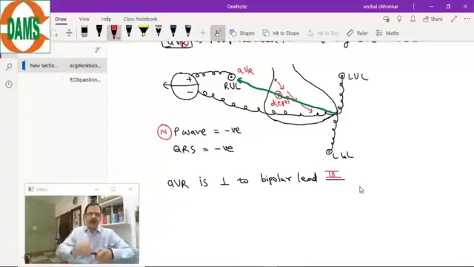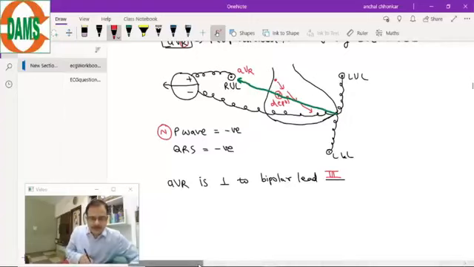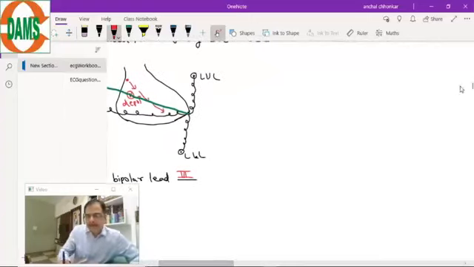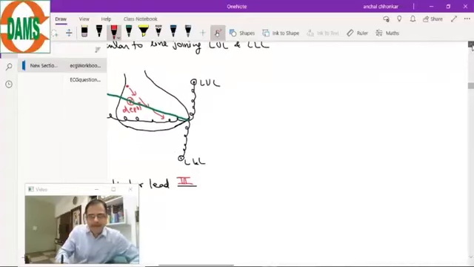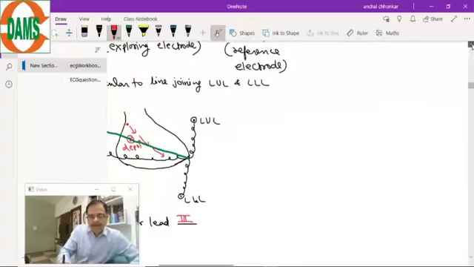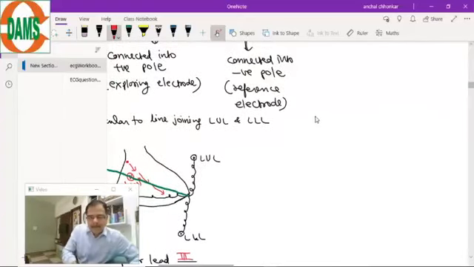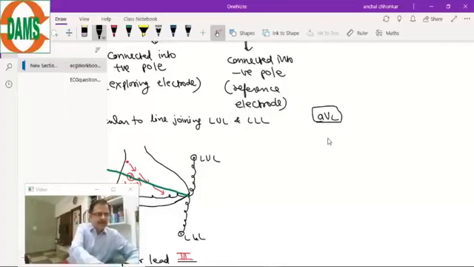Very good. Now come to the lead AVL. Same principle, same steps we will keep.